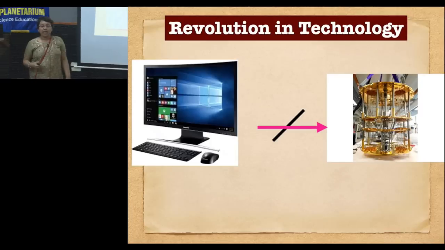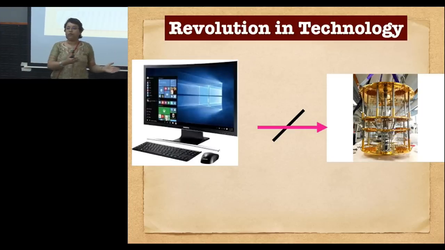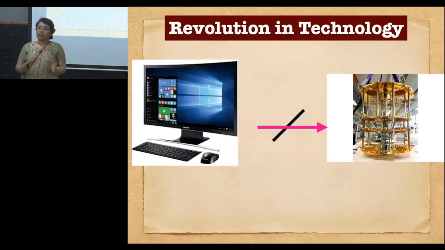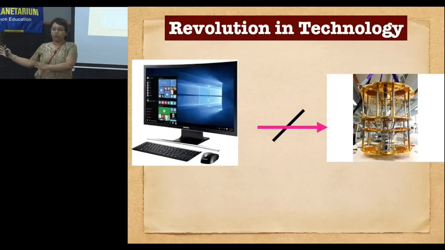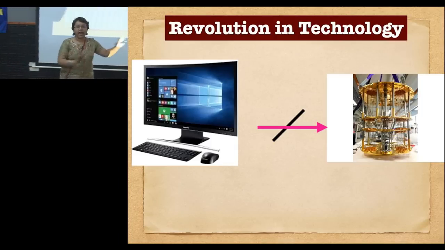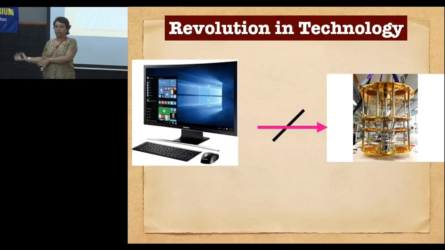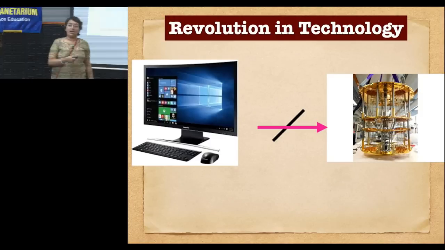Similarly, making a better and better classical computer, which we have seen in the last 50, 60 years, giving us more sophisticated, compact, efficient computers, that research is also important, but that will not lead to the efficiency that we get in a quantum computer. Because the classical computer is based on different physics, and the quantum computer is based on quantum physics. So, as we know, this cannot replace that. It is a kind of technological revolution that one has to build a quantum computer.